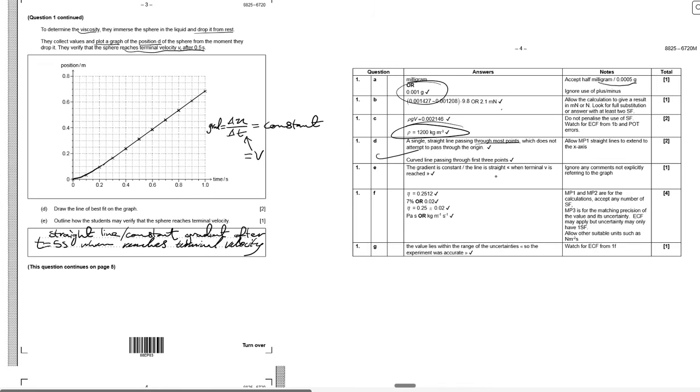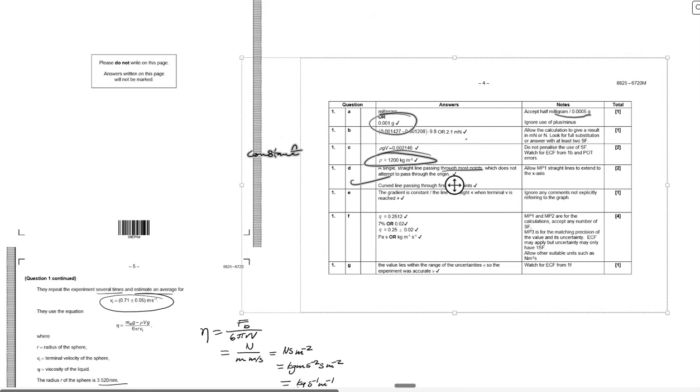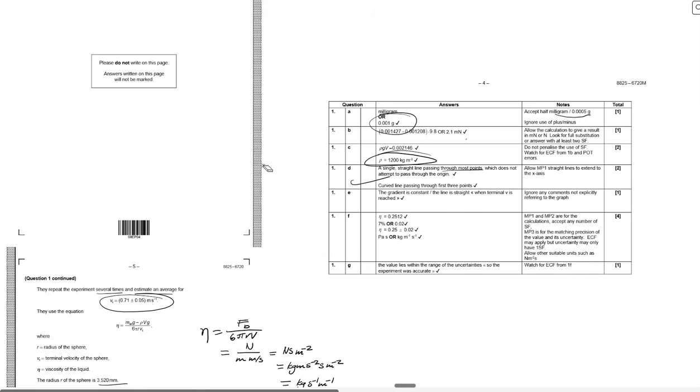Now we have the gradient is constant, the line is straight, terminal V is reached. That is also correct, right? Constant gradient. Or you can say straight line. And now let's bring this down. Oh no, constant.